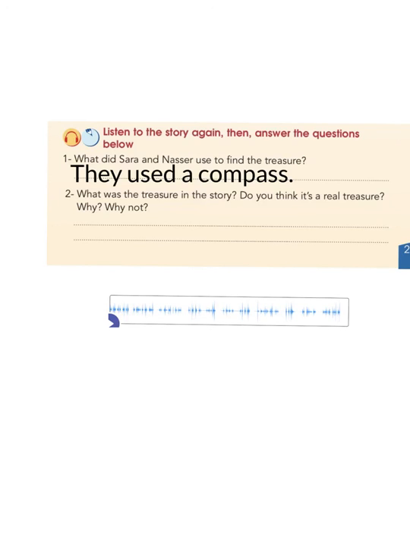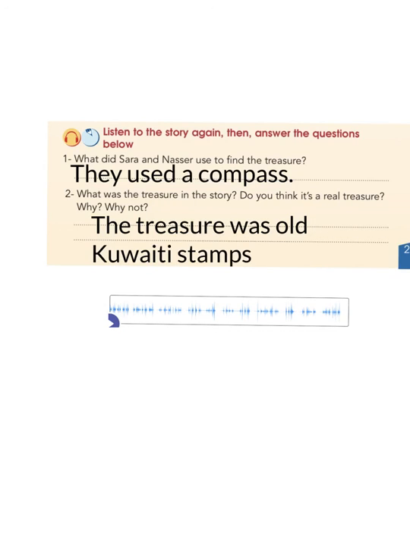Now, let's write the answer. The treasure was old Kuwaiti stamps. Do you think it's a real treasure?